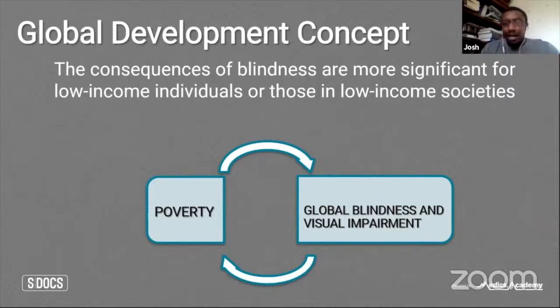So it's like a never-ending cycle of these massive macroscopic aspects of how global blindness and visual impairment is affecting global socioeconomic development of communities, of nations, of populations.